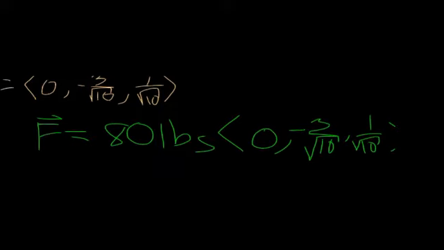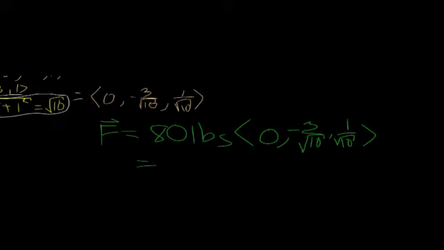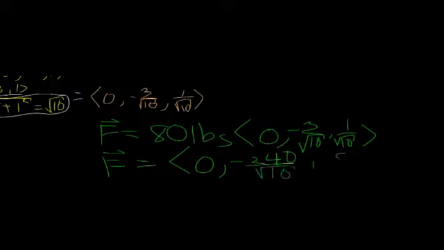So it's going to be equal to 0, negative 240 over square root of 10, comma 80 over square root of 10.